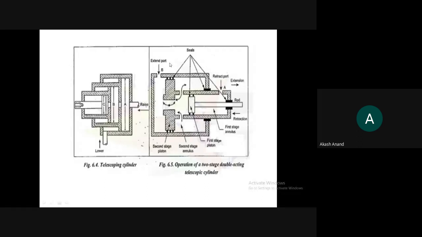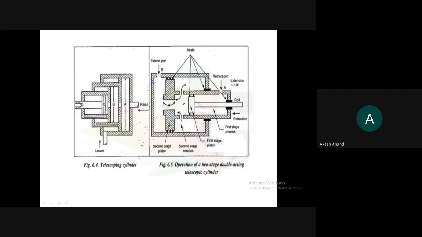You can see here that if this arrangement has to extend, that is, the piston has to move to the right, then the fluid has to enter through port B. When fluid enters through this port, according to the pressure value, the fluid will exert a certain magnitude of pressure inside this entire cylinder.